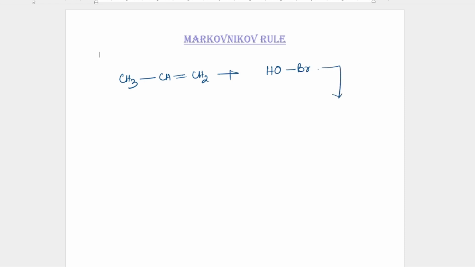There is a change in the HOBr polarity. In this molecule, the bromine gets a positive charge, whereas OH gets a negative charge. So ultimately the negatively charged element is going to attack the carbon which has fewer hydrogens. So what will be the major product in this reaction?